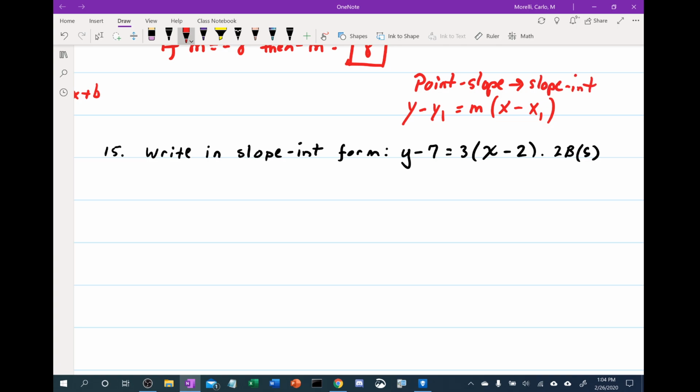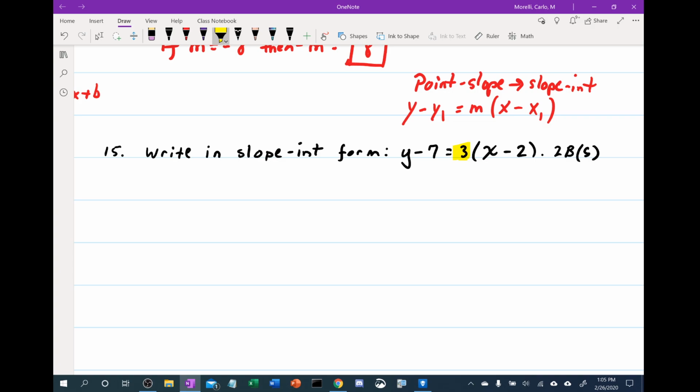If you look at it carefully, you can even tell what the original coordinates were. What's the slope of this, by the way? 3. The original point they used was 7 on the y and 2 on the x. So it was a slope of 3 passing through 2 comma 7. See how they did that?